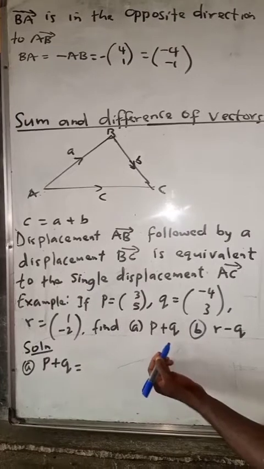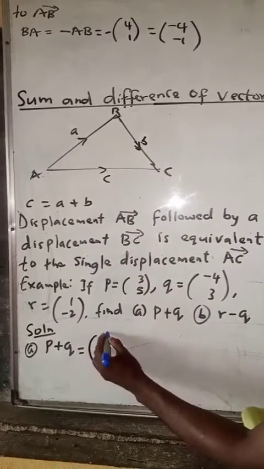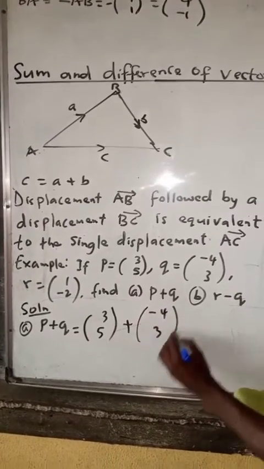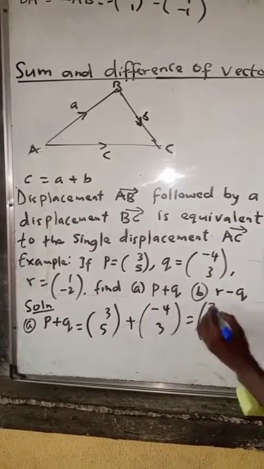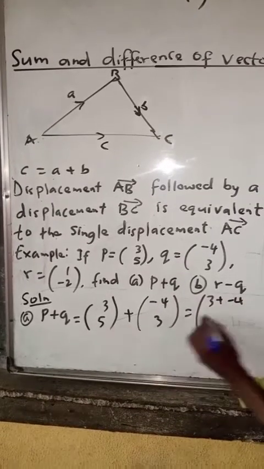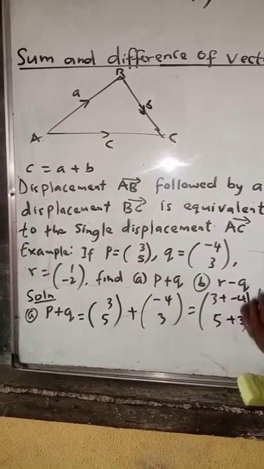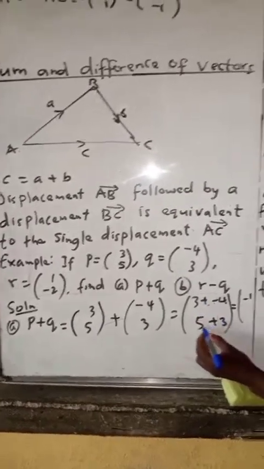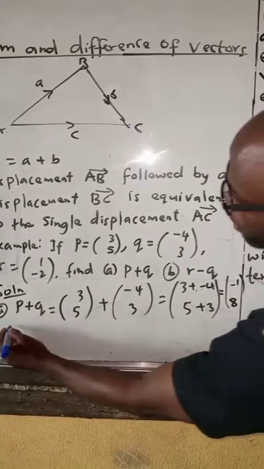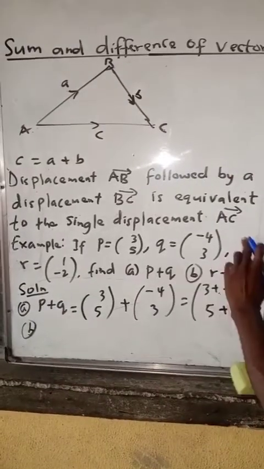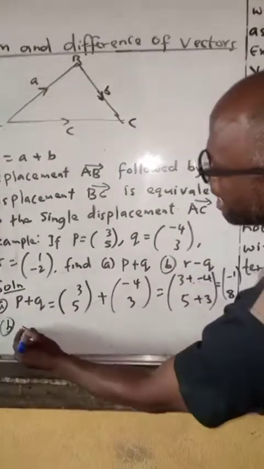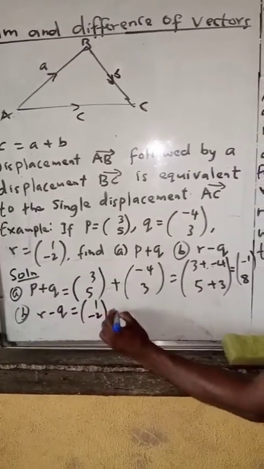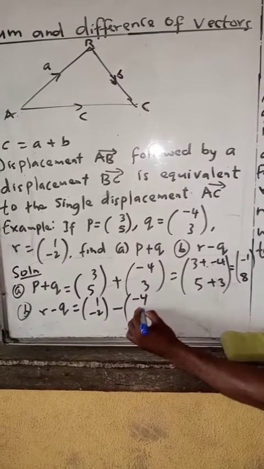Example, if vector P is this and Q is this and R is this, find A, P plus Q. So P is (3, 5) plus Q (minus 4, 3). So we have 3 plus minus 4 and 5 plus 3. That is giving us minus 1, and 5 plus 3 is 8. So that's the vector. B, vector R minus Q. So we have R (1, minus 2), minus Q (minus 4, 3).